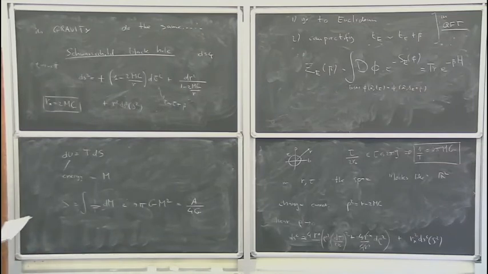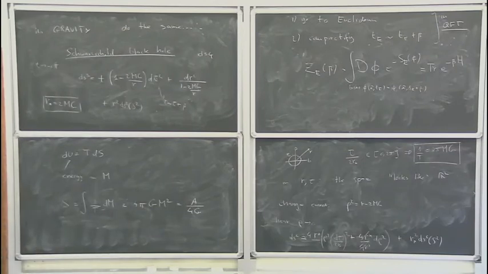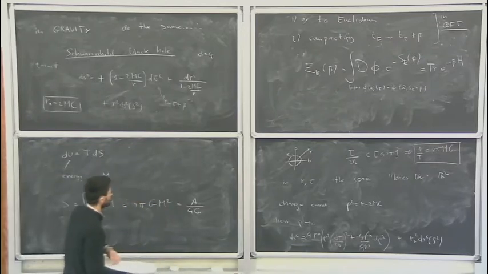So I've given you a one-line super fast derivation of the Bekenstein-Hawking area law, and this is true in very general situations with much more general solutions.